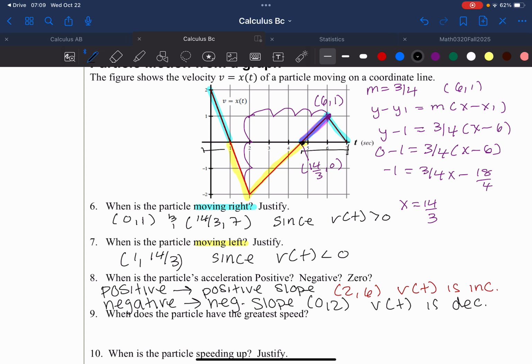Okay, so notice when the particle's acceleration is positive, not only were we looking for a positive slope, we were looking for when v of t is increasing. Okay, and notice from here to here we have some increasing value above the line. But when we're looking at the negative slope, we're also looking to see if v of t is decreasing.